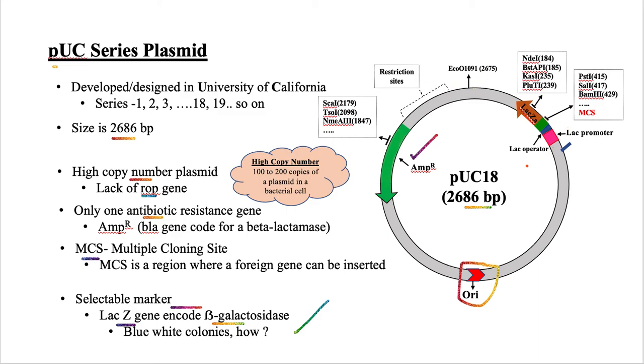Now you can see that we have a lac promoter region, and this is the lac operator region, this region is the multiple cloning site, and this is the lacZ alpha gene. Now a little bit more discussion on this particular aspect. So we have a lac promoter. This whole region, the lac promoter plus the lac operator, is basically the regulatory region.